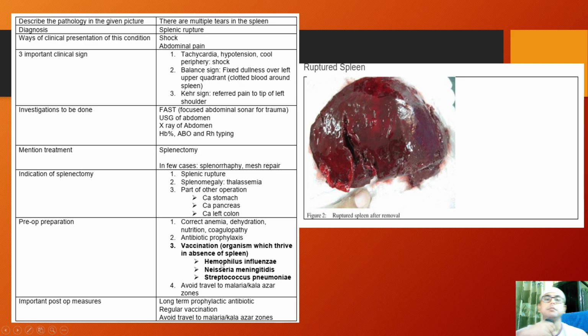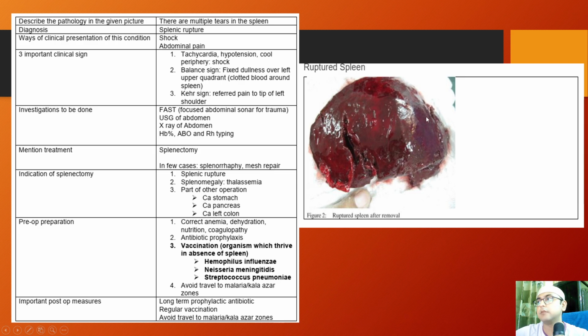Yes, because OPSI, overwhelming post-splenectomy infection, a bacterial infection, is one of the important problems. Three encapsulated bacteria commonly infect any splenectomized patient: Haemophilus influenzae, Neisseria meningitidis, and Streptococcus pneumoniae. It is very important for MCQ also. Okay, so avoid travel to malaria or cholera affected areas.